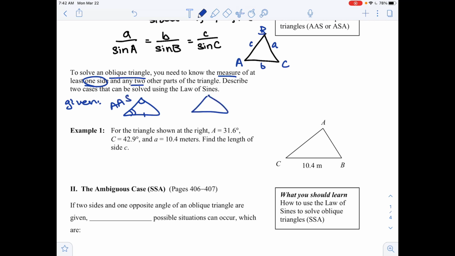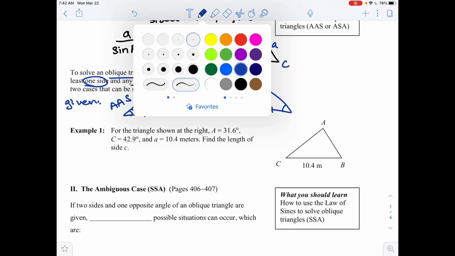When we have two given angles and an included side, that's the angle-side-angle triangle. And the last option to solve using law of sines is a triangle where we're given two sides and a non-included angle. That's called the side-side-angle. So let's go on to the next one.